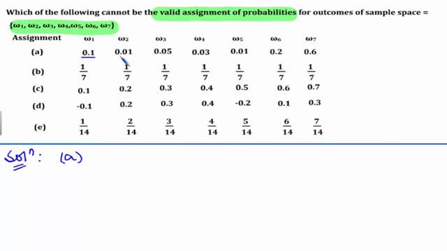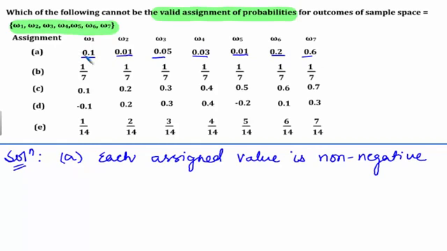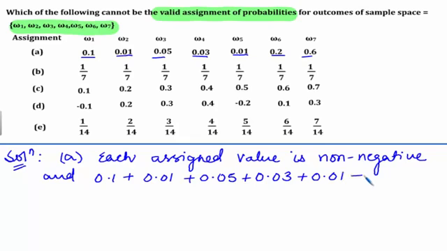In the A part, as we can see here, each assigned value is non-negative and the sum of all the values, that is 0.1 plus 0.01 plus 0.05 plus 0.03 plus 0.01 plus 0.2 plus 0.6 is equal to 1.00, which is equal to 1.